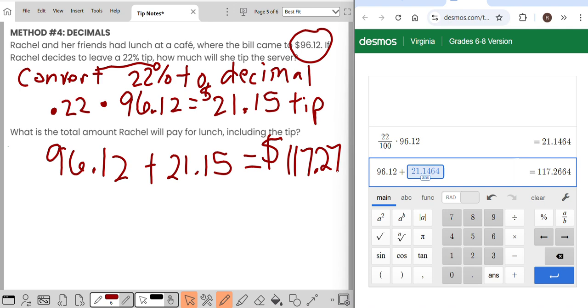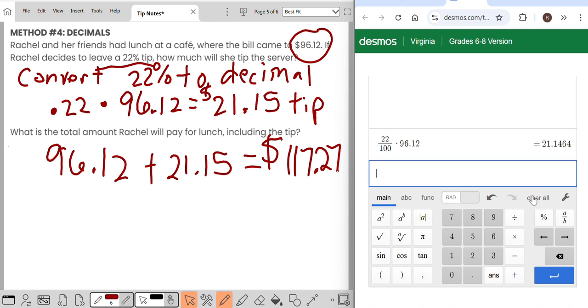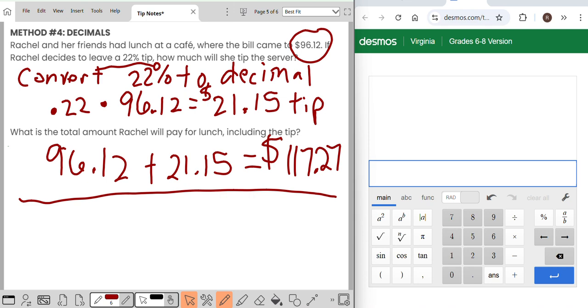All right? Now, there is one way to do this in one step, and that's understanding how decimals compare to percentages. We know that our percentage was 0.22. And we know that we want the entire amount. So what percent of the bill is 96.12? It's 100%, correct? So all you have to do is put a 1.22. That's 100% and 22% together.